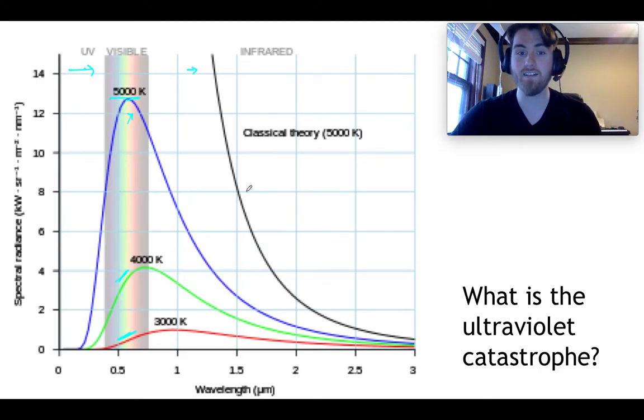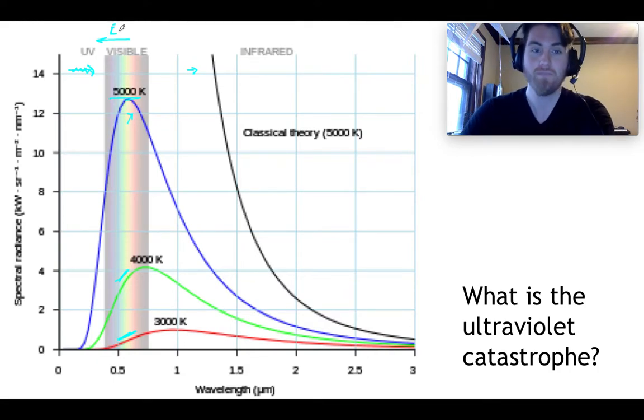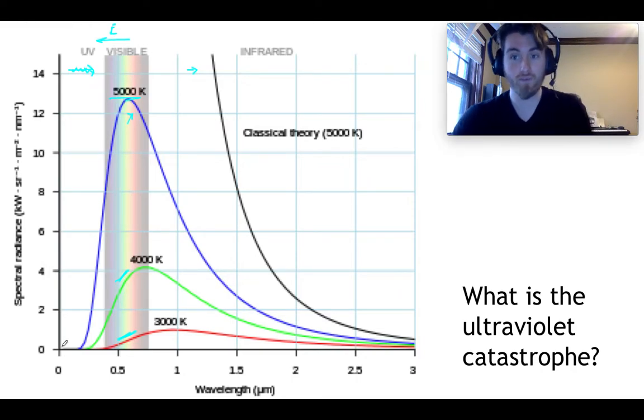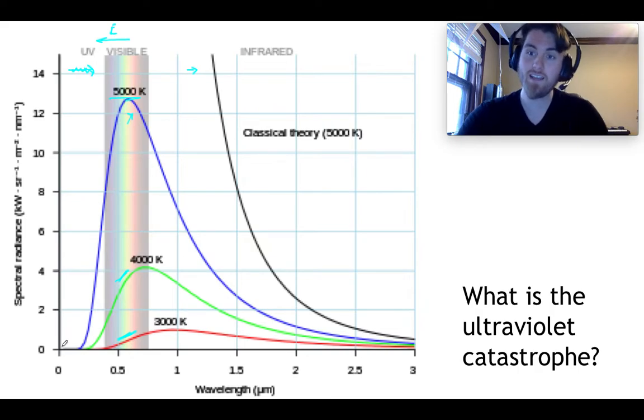But the problem here is that the ultraviolet catastrophe is something completely opposite to anything else. Think of it this way. Again, it's not going this direction. Ultraviolet is more energy than visible light, meaning that the amount of energy in an entire electromagnetic wave is going this direction. The smaller the wavelength, the greater the energy.